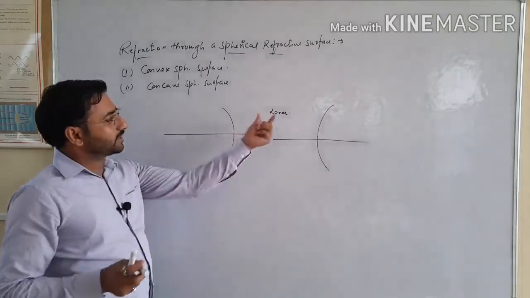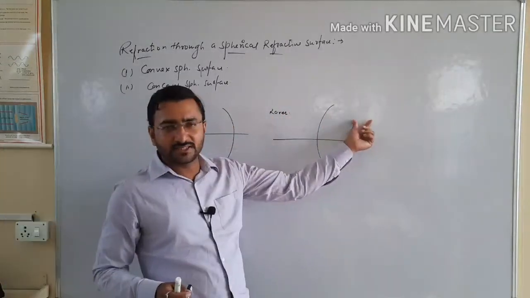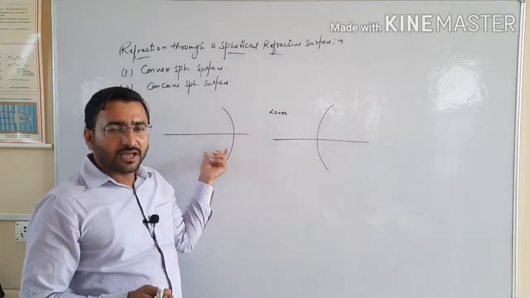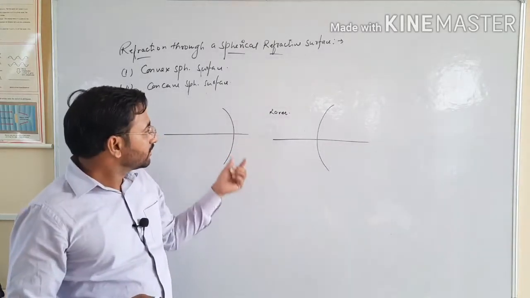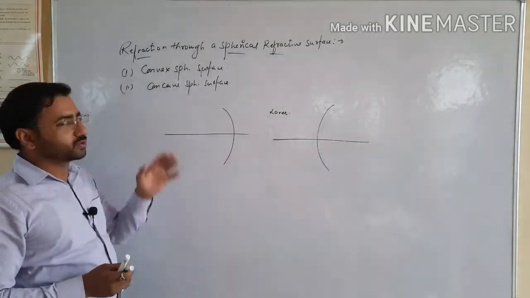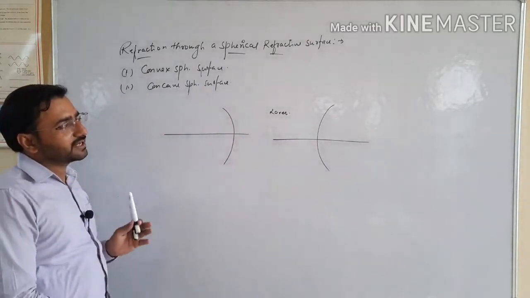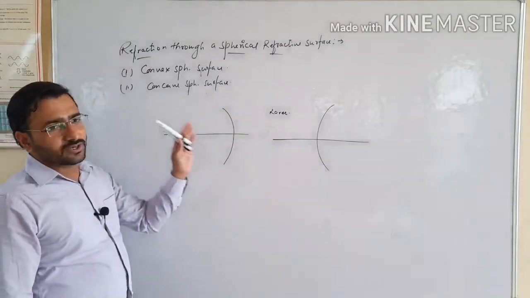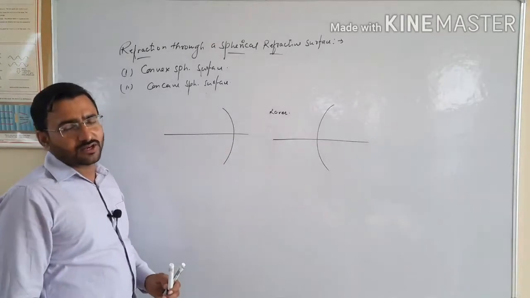Now I will discuss the relationship between the refractive indices of the two media, one rarer and the other denser, the radius of curvature, and also the positions of image and object in these two cases. I will give you the relationship when the light ray goes from rarer to denser medium and from denser to rarer medium.